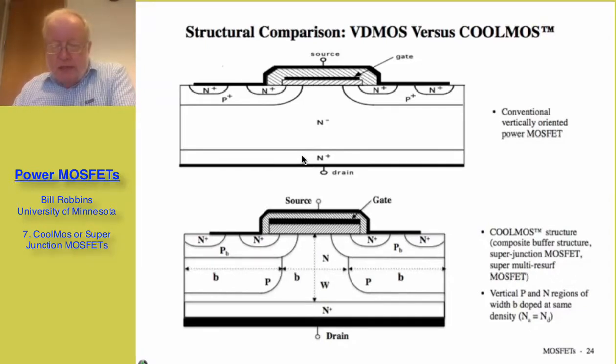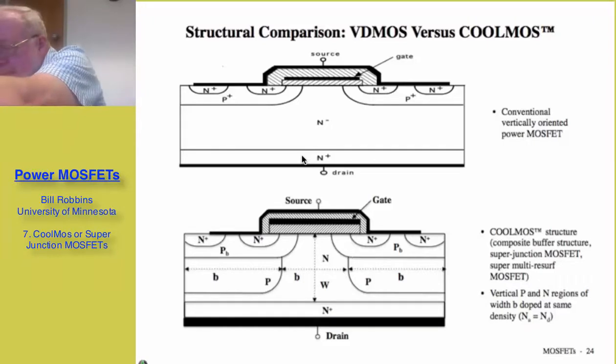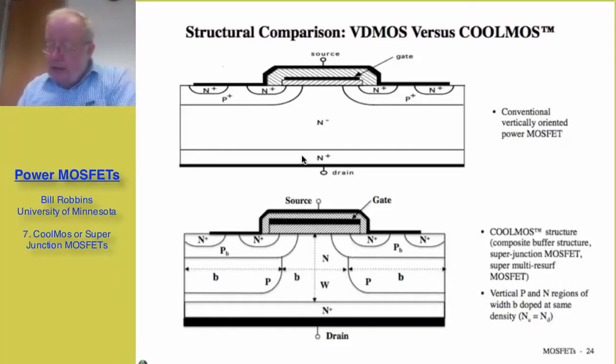The lower one is the COOLMOS structure. And the thing that differentiates it from the conventional MOSFET is the fact that we now have essentially a pillar of p-type material that extends from the body region deeply into the vertical dimension of the MOSFET, not quite touching the N+ drain diffusion.